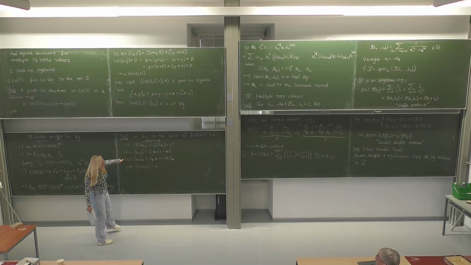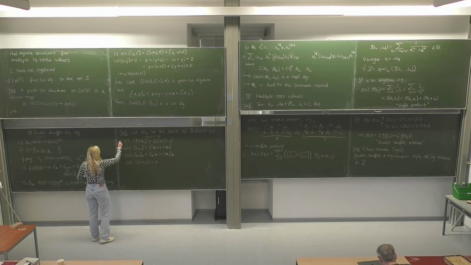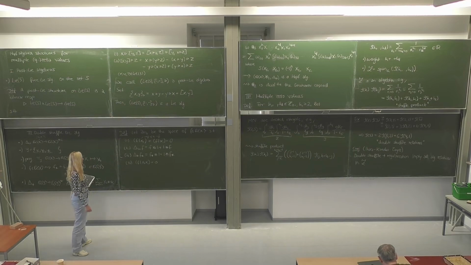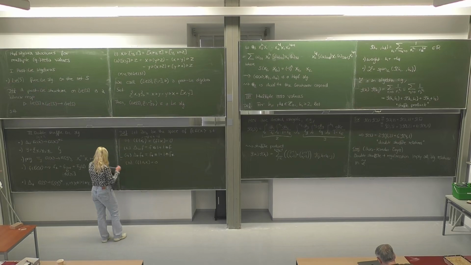Then I have this plus regularization, which you mainly see here. And then I have this weird last condition, which I additionally have to impose to get a Lie algebra structure. So 1, 2, 3 reformulate the relations I inspect in Z, and the last condition additionally means I have to go modulo zeta of 2.